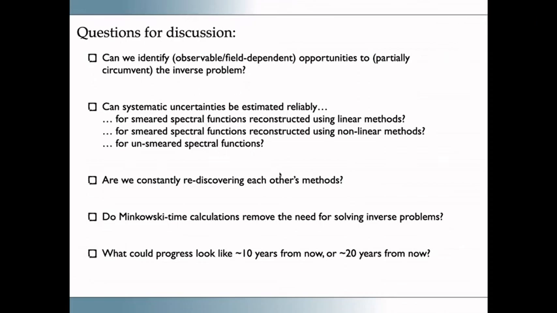Harvey, were you about to say something as well? Yeah, maybe just to add to this point: you have to choose your inverse problem, in a sense. In these inclusive decays, one has the question of which variable is kept fixed when one writes this dispersion relation, by which one wants to reconstruct the spectral function.